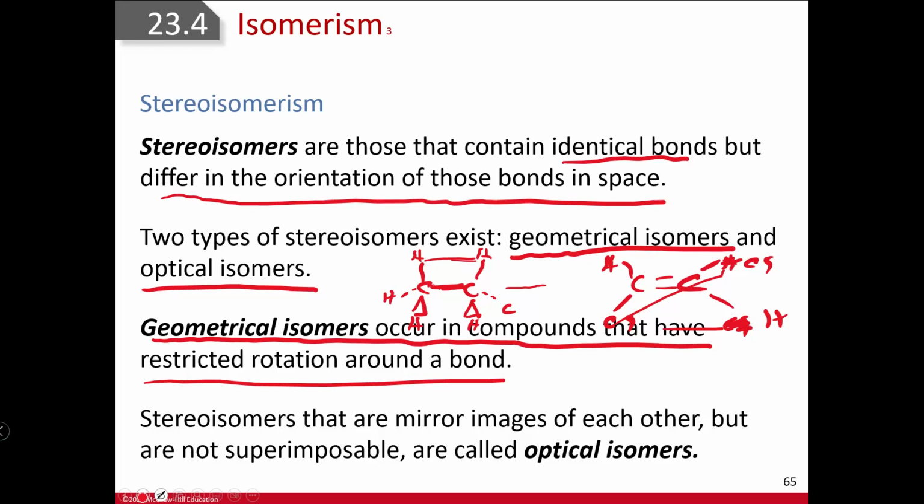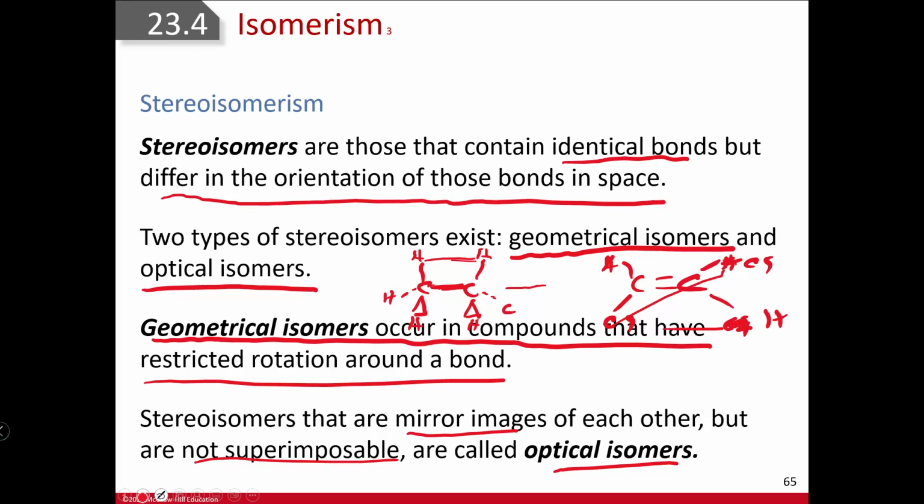So stereoisomers that are mirror images of each other are called optical isomers. All right, they're not superimposable. They're not superimposable. So we're going to see examples of those on the next page. But you got to speak the language. Stereoisomers contain identical bonds but different orientations of those bonds in space.